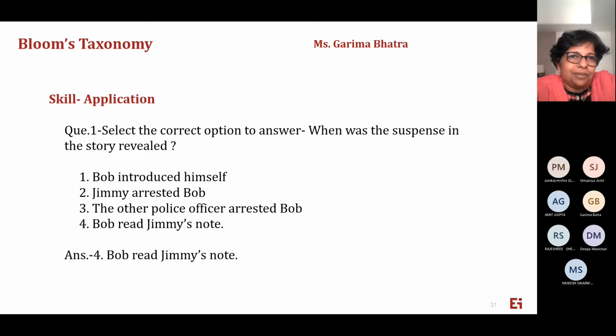The child has to understand what suspense means, what role it plays and where it has played a role. So it's not merely when did it happen, where did it happen, who did that, who said that. It goes a little beyond concrete. That's what I am interpreting it as.